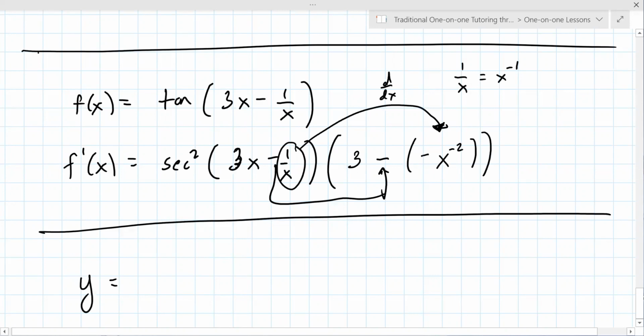Or you have to combine the negatives at some point. Oh, we're not simplifying these. You can, but that's not really what's important here. Okay.